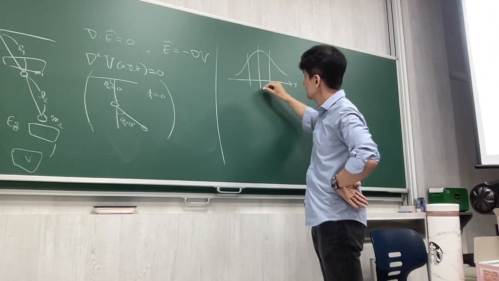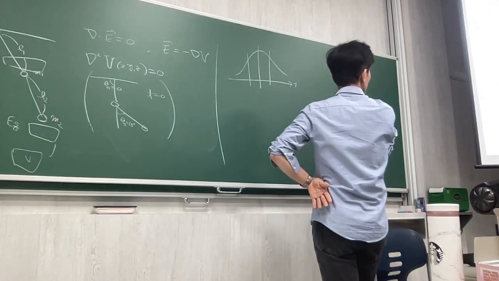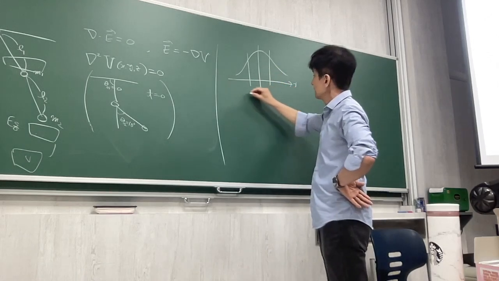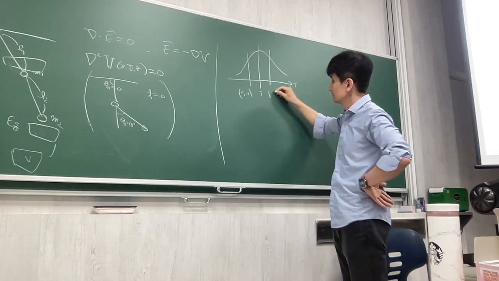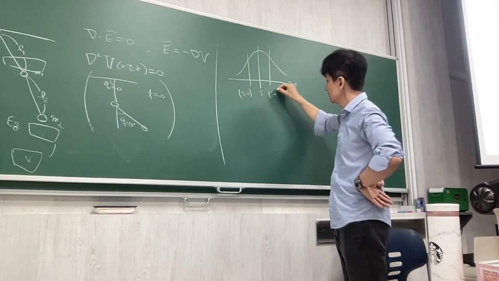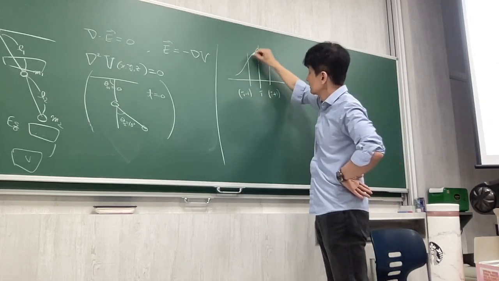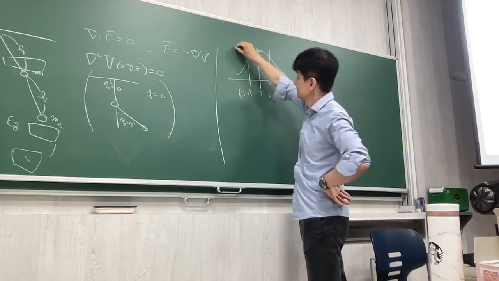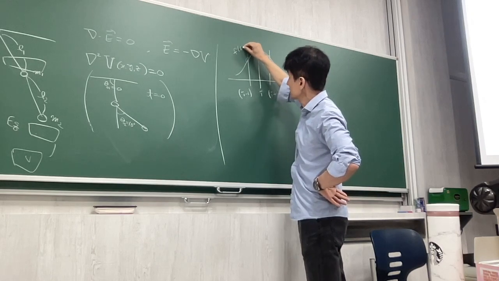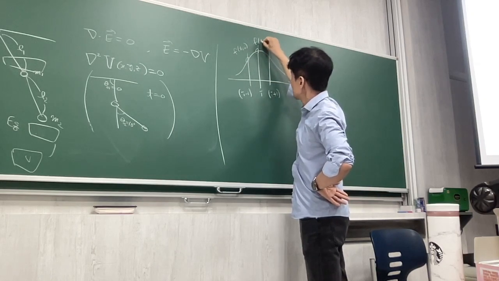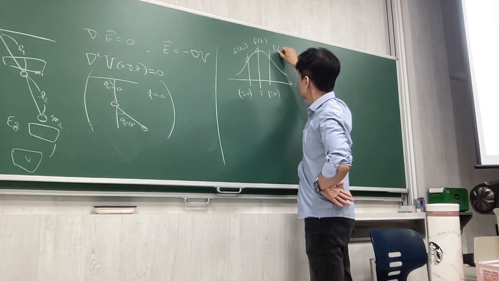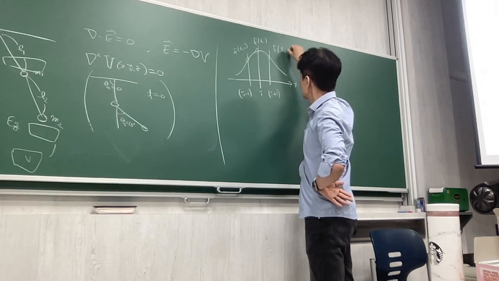Then this is I, and this is I minus 1, and this is sampling point I plus 1. Then these values are f of x at I minus 1, this is f of x at I, and this is f of x at I plus 1.